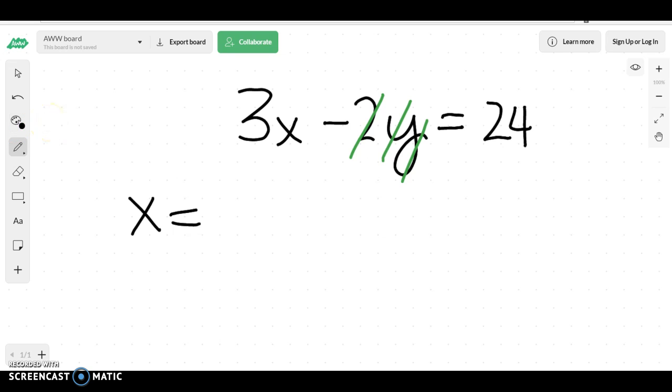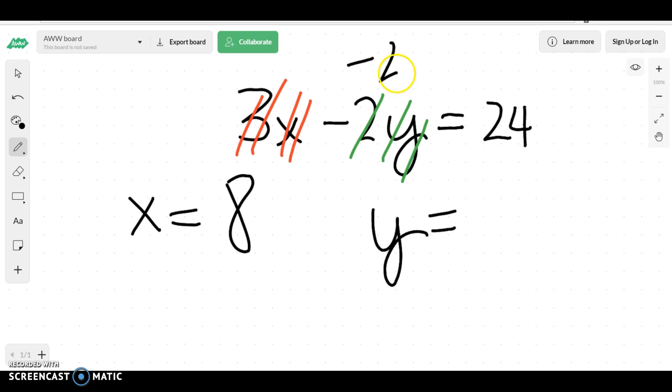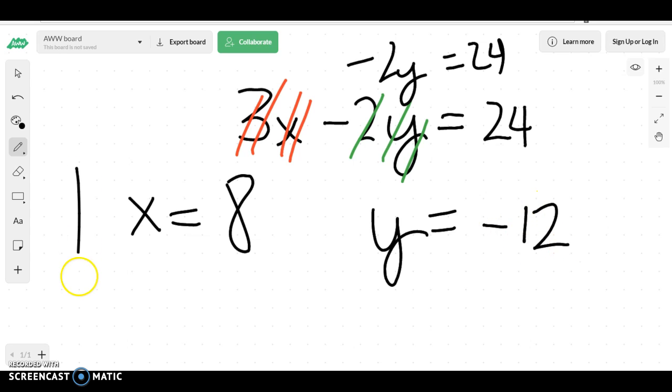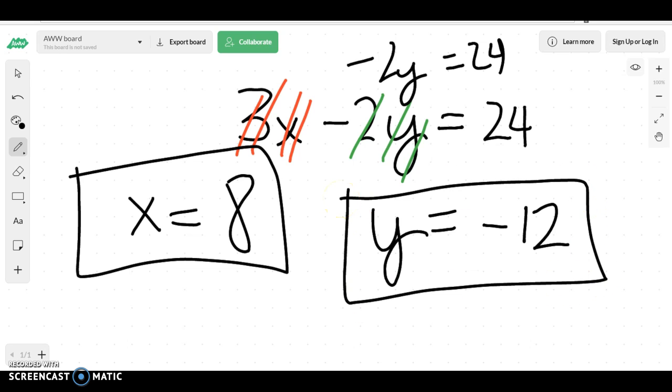We'd have 3x equals 24, which would give us 8. Now we'll find the y-intercept, which means I have to cover up the x. Again, we'll have negative 2y is equal to 24, so we divide both sides by negative 2, and we get negative 12. And those would be my two answers.